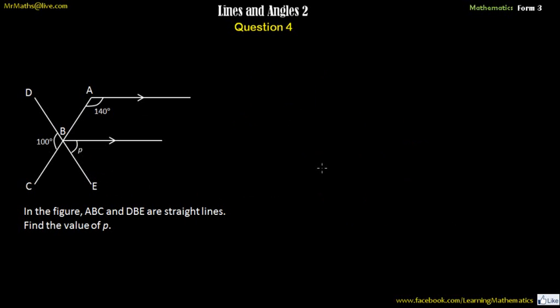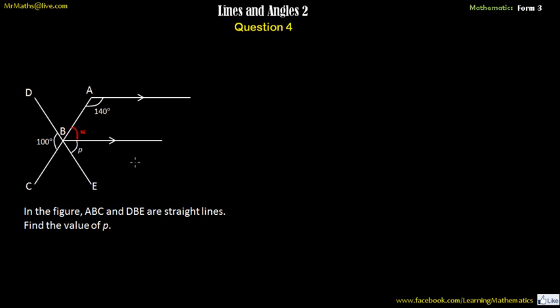Observe the question carefully. What can you see? We have P here, which has no direct relationship with 100 degrees, and P as well has no direct relationship with 140. But we can always take a look at angles that are adjacent to P. I shall select one over here, which is this one, and I call it alpha as usual.